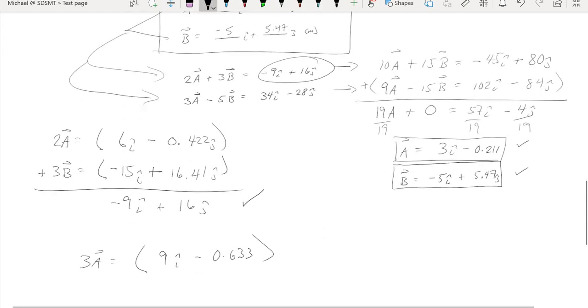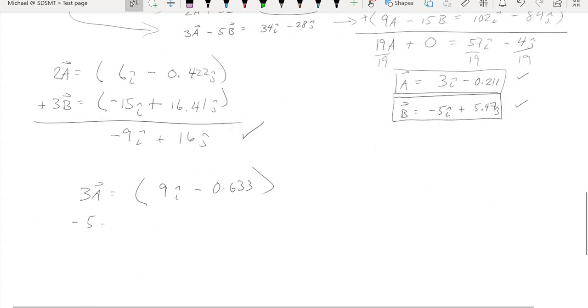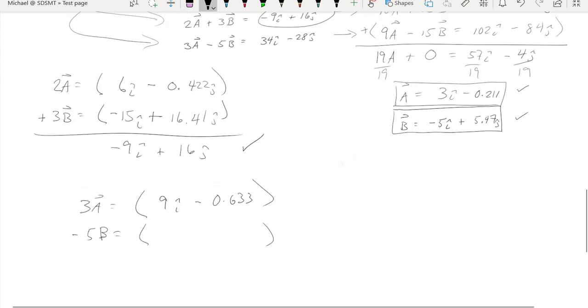And we have to subtract 5 times the value of vector B. Oh, come on, vector B. So negative 5 times the values of vector B.